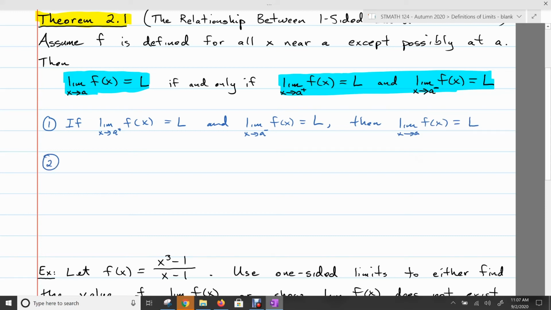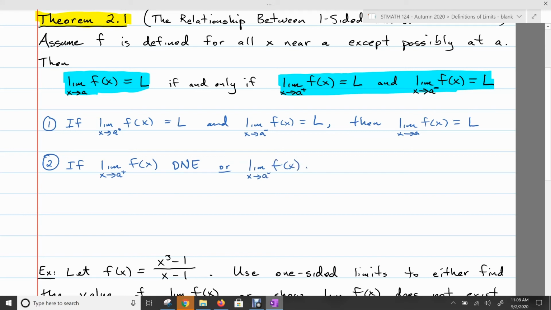But another thing you can observe is that if you find out that the limit as x approaches a from the right just does not exist, or if the left-hand limit does not exist, you only need one of them to not exist, so that's why it's an or.